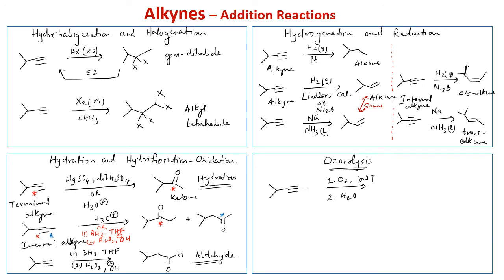When you do that, you end up cleaving that triple bond, and what you get as products are two carboxylic acids. So the carbons that were part of the triple bond are both converted into a carboxylic acid functional group. You can count the number of carbons and make sure that we have the right number of carbons here.